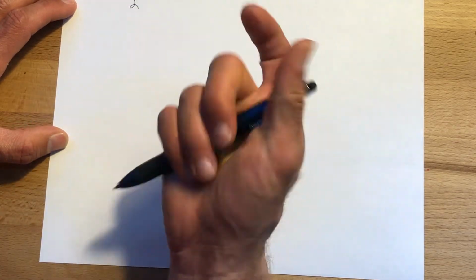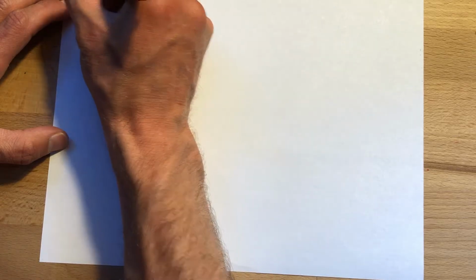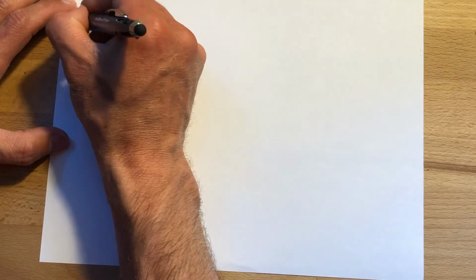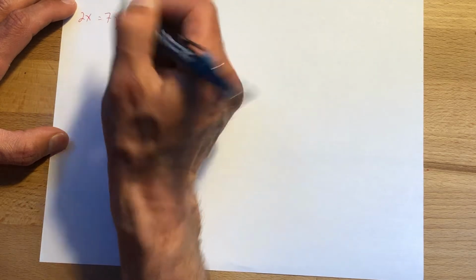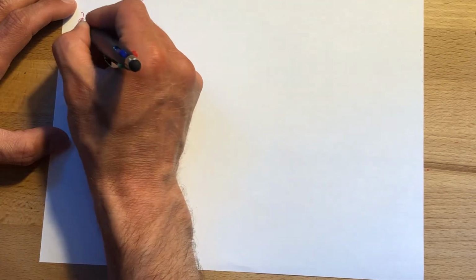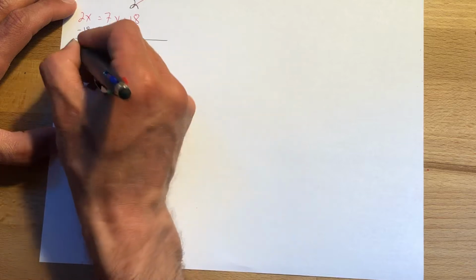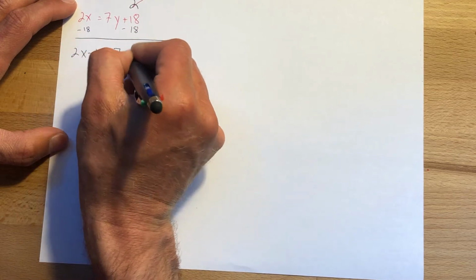It's only 3 steps. The very first step is multiply both sides by 2. Second step, you have 2x equals 7y plus 18. Subtract 18 from both sides to get 2x minus 18 equals 7y.